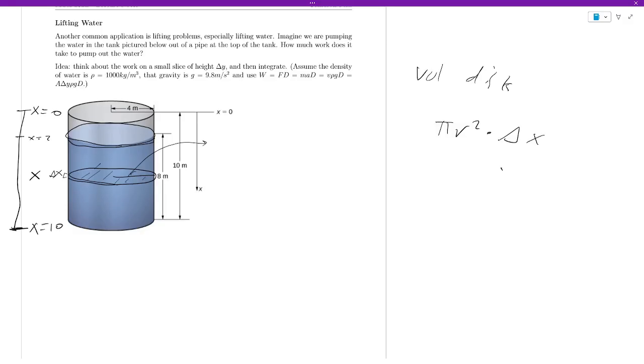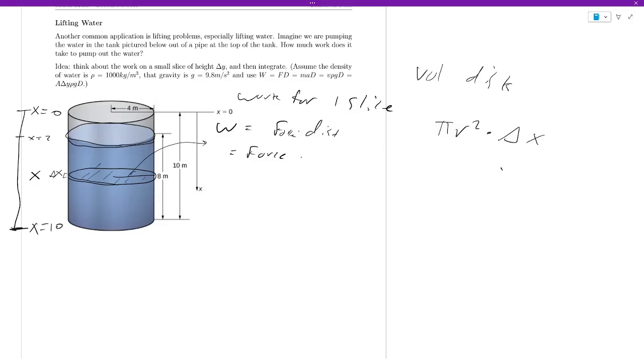What work does it take to move that slice out? Well, so let's say work for one slice. I know that the work is the force times the distance, right? Okay, so let's think about this distance first. How far does this slice have to move? Well, I said it was at position x. Just think for a second.